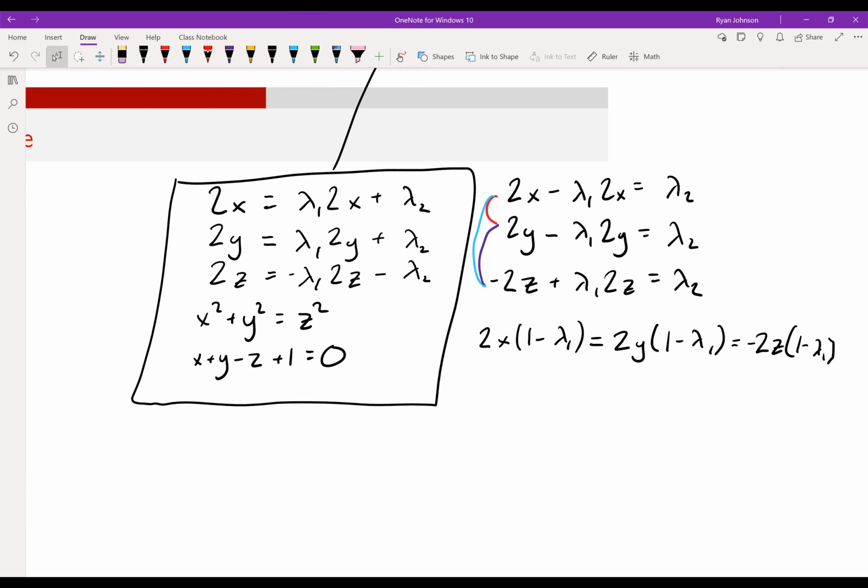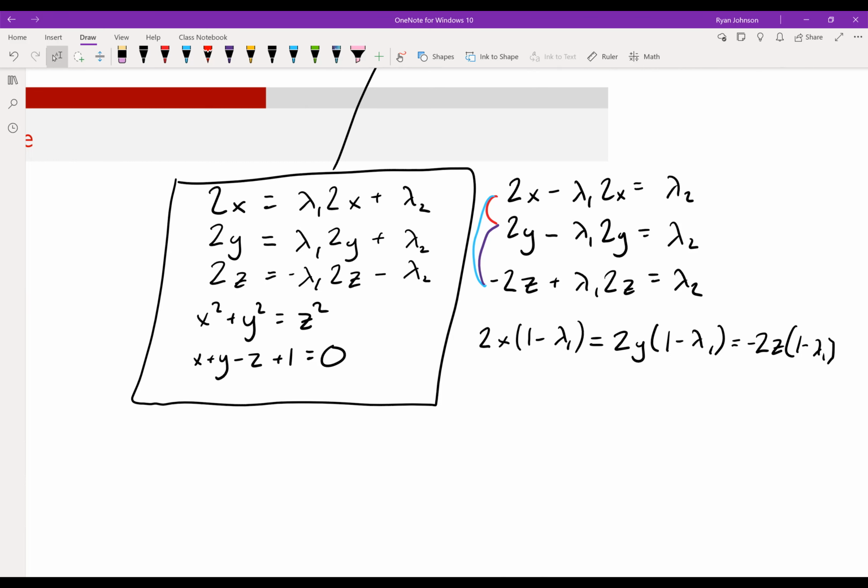So in this case, these are all equal. I just factored them the way that seemed best. But I want to solve for lambda 1, not solve for x, y, or z at this point.